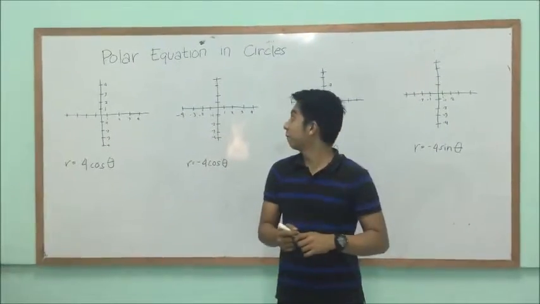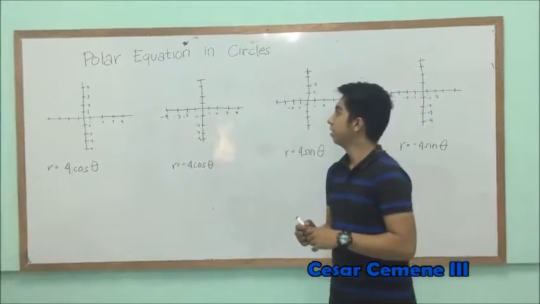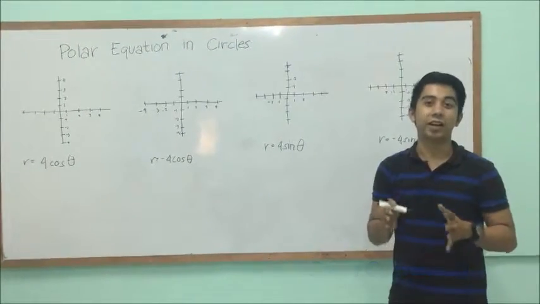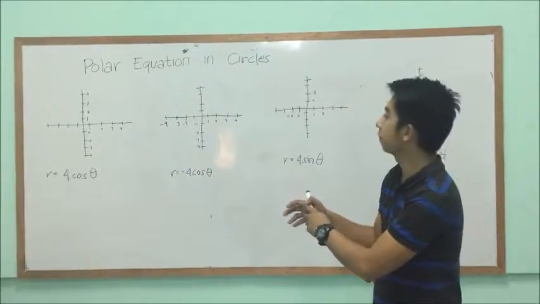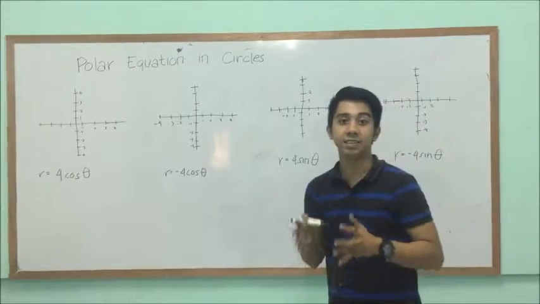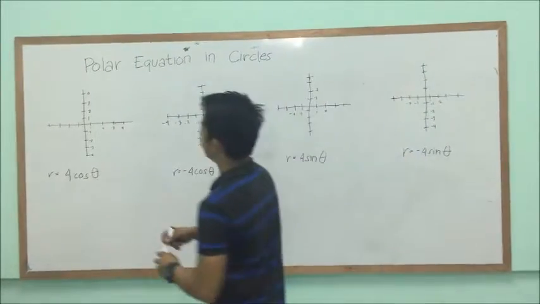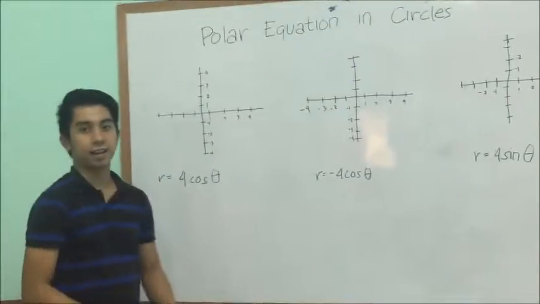My third topic for today is about polar equations in circles. Polar equations in circles are graphs of equations in circle form. These are the four types of polar equations in circles. The first type is r equals 4 cosine theta.